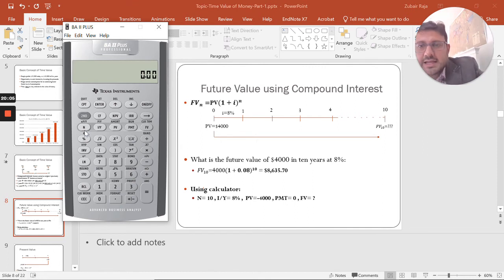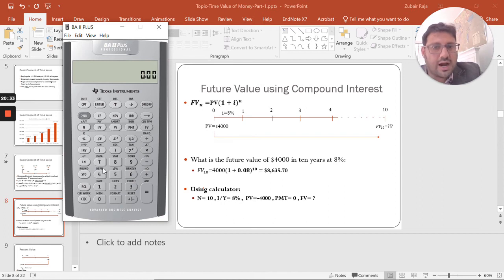So this will go in as a minus 4,000, the present value. There are no in-between payments involved, so you have zero payments. But at the end of the 10th year, you want to check the money in your savings account, which is giving you 8%. That is your future value, the value to which your present value will grow after 10 years.